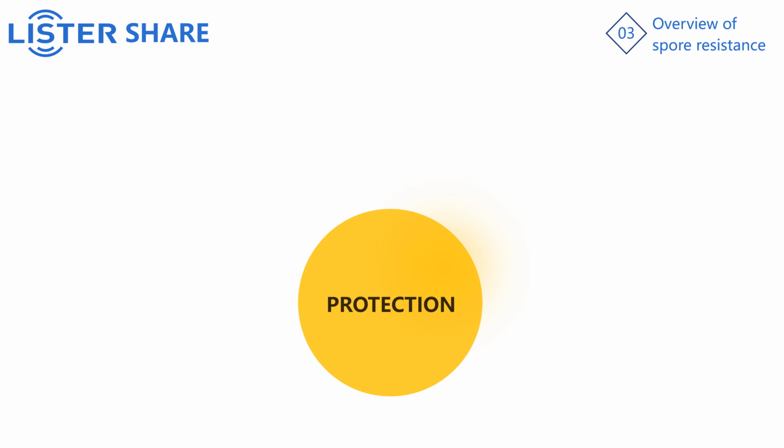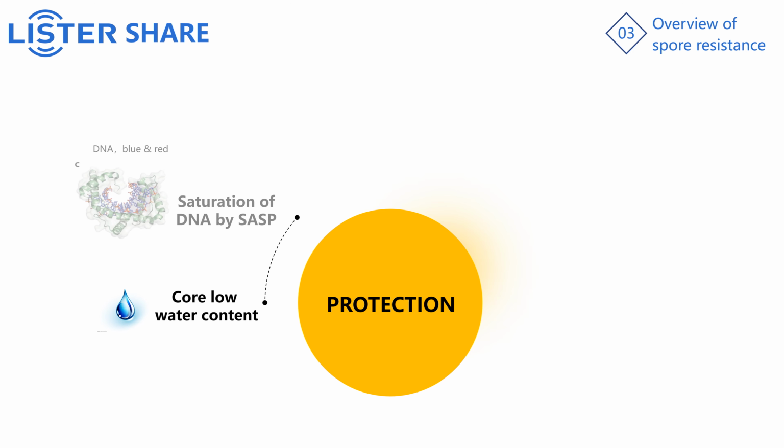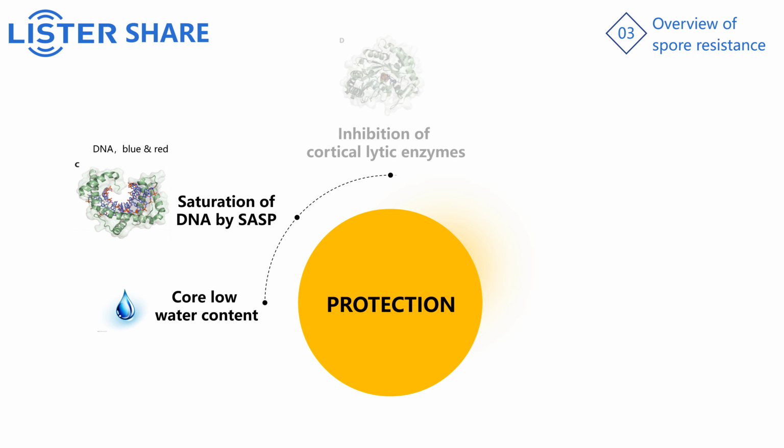Given the importance of protecting spore DNA, key proteins, and inner membrane from damage for spores to survive, it is not surprising that some novel spore features help protect them. 1. Core low moisture content. 2. Saturation of DNA by alpha/beta type small molecule acid-soluble spore protein, SASP. 3.